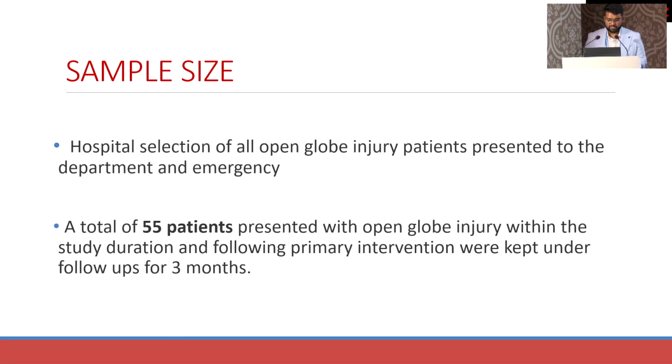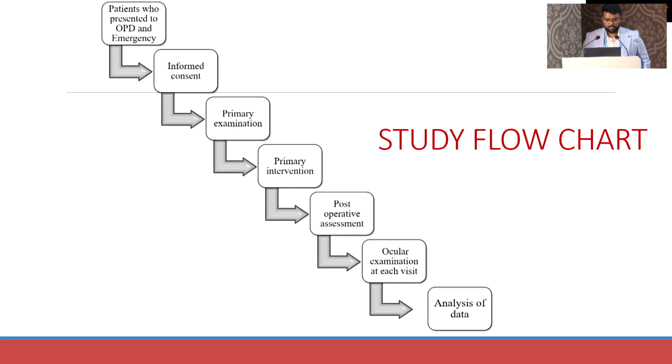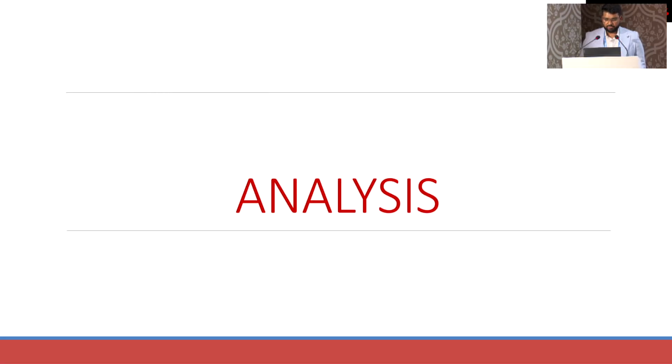Following primary intervention, they were kept under follow-ups for 3 months. After informed consent, we did a primary examination and primary intervention was done, and the post-operative assessment was done. And after that, we kept the patient on close follow-up, and we did an ocular examination and recorded the data, and we kept for analysis.